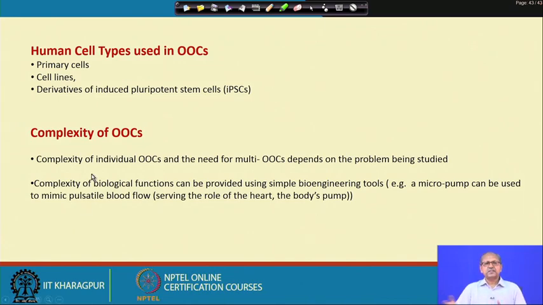So, the next question is, what cells are to be used for organ on chip development? Already we have discussed that for 2-dimensional or 3-dimensional cell culture, different types of cells like primary cells, cell lines or some cancer cells are used.